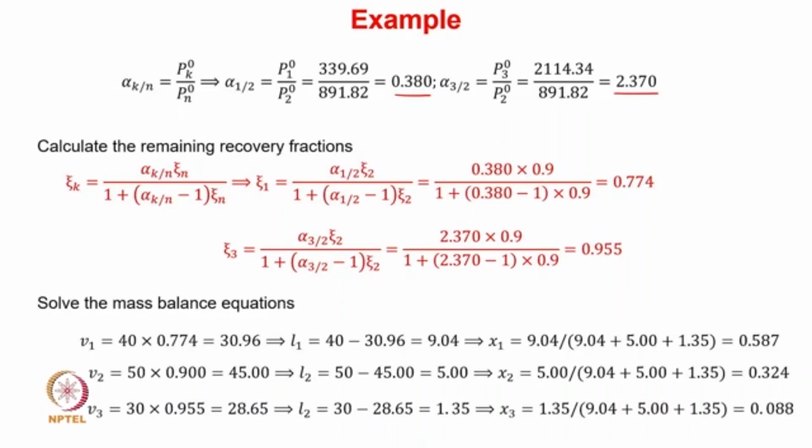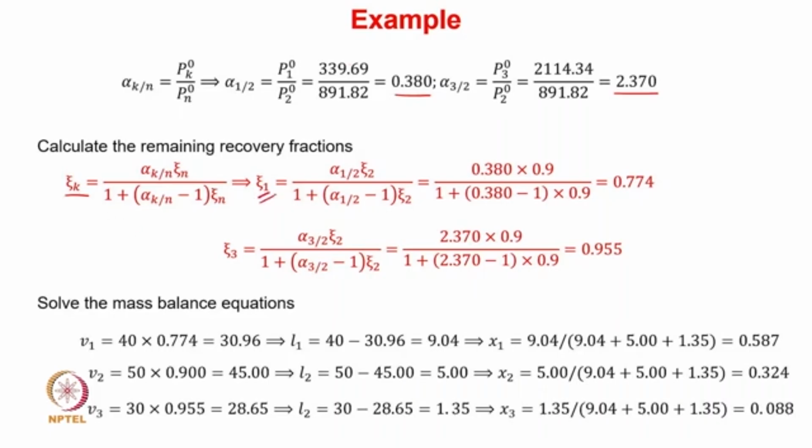So now we can calculate the split fraction. Remember zeta k, I said that zeta k we can represent in terms of the split fraction of the key component. Remember the zeta n value is given as 0.9. So we can use this zeta n and the alpha kn values we have calculated for all the components to back calculate zeta k.